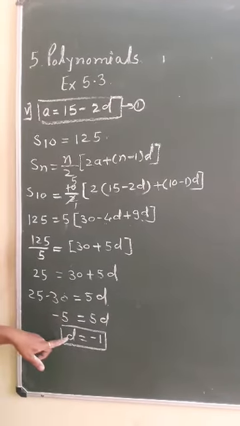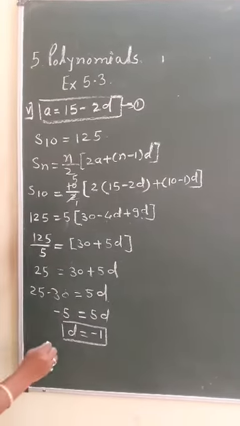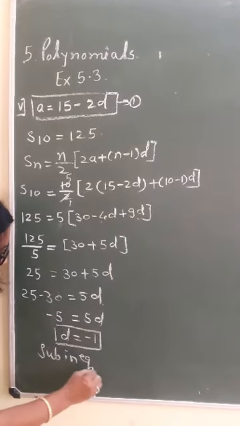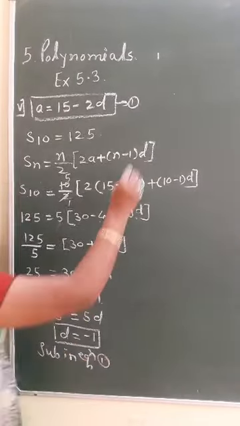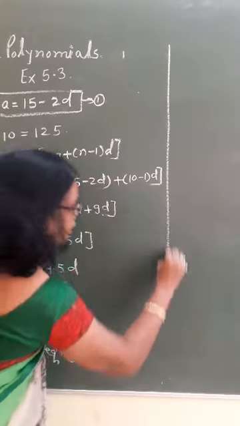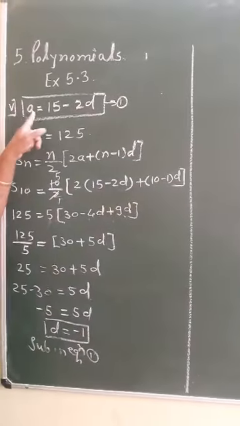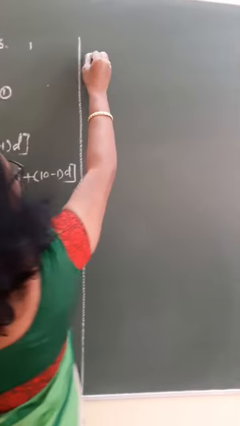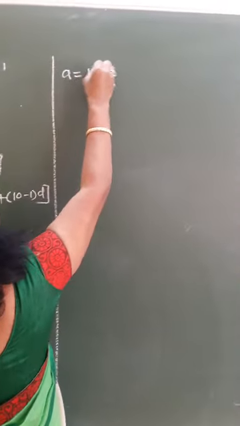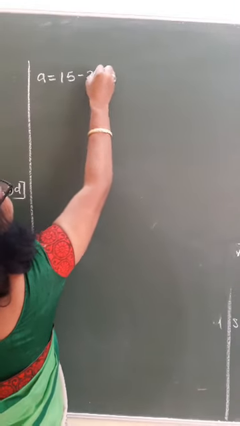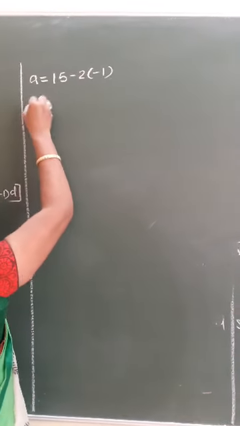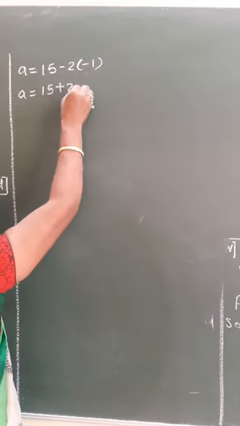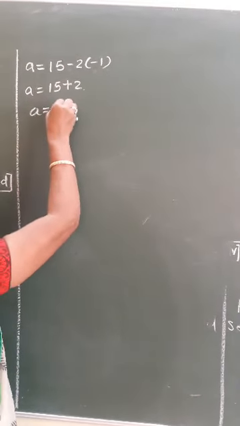This we will substitute in equation 1, because from here we will get the value of A. So the value of A is equal to 15 minus 2 into minus 1. So A is equal to 15, minus into minus is a plus 2. So the value of A is 17.